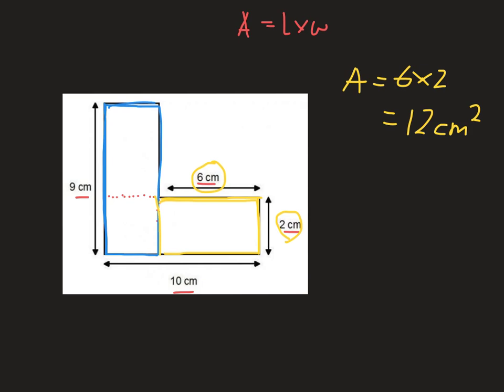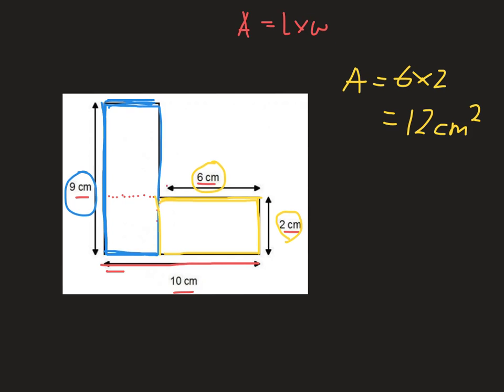Now I need to find the area of the blue. You can see that I'm given this length, 9 centimeters along here. But if you're looking for the width, there's nothing along the top here and there's nothing along the bottom. So I need to use the information that I'm given to help me out. Hopefully then you might be able to recognize that along here, that is 10 centimeters across the whole bottom.